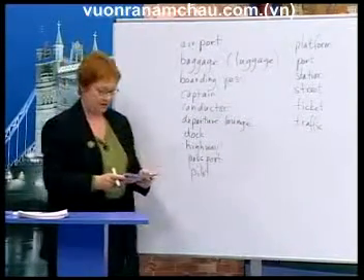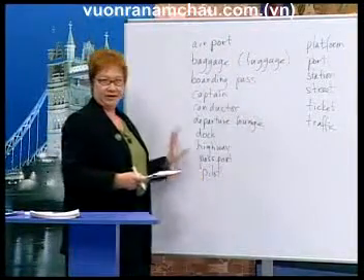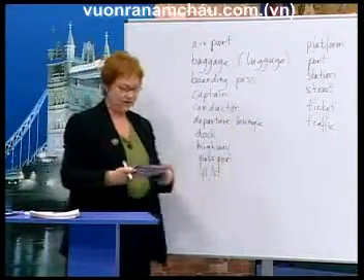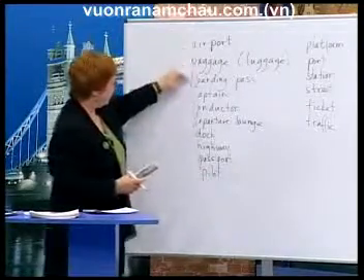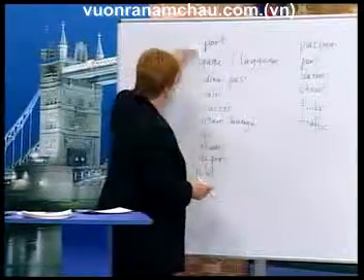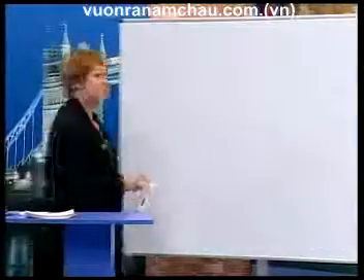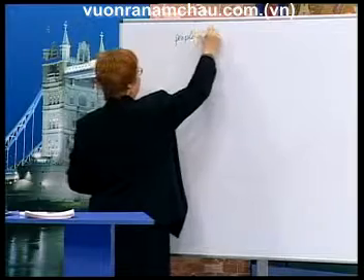Okay? Now, we're going to put these words into categories, into groups. Now, let me make some room here, because notice these are A, B, C, D. These are in alphabetical order. Now, we're going to put them into logical groups. And we'll start with people in charge.